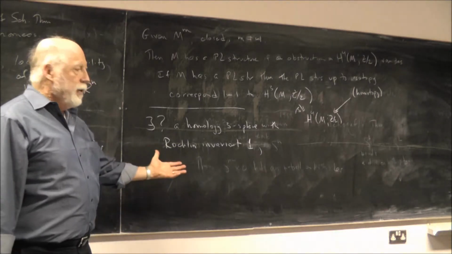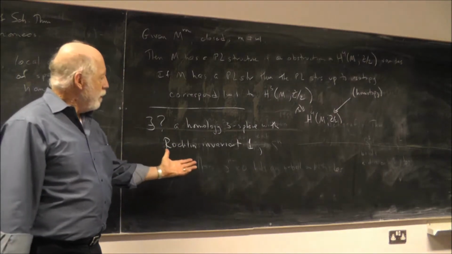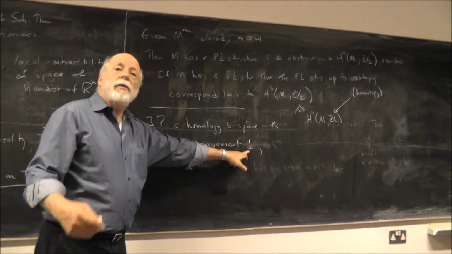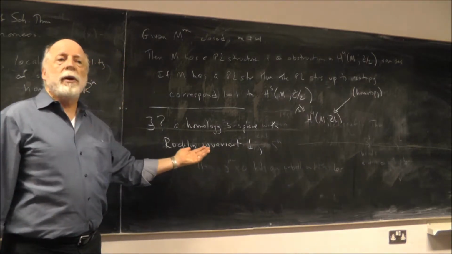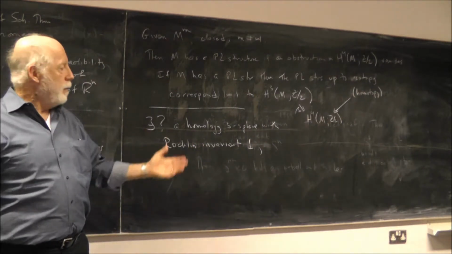There are two kinds of homology 3-spheres: half of them have trivial Rokhlin invariant like the 3-sphere, and half of them have Rokhlin invariant 1, an example being the Poincare homology sphere.